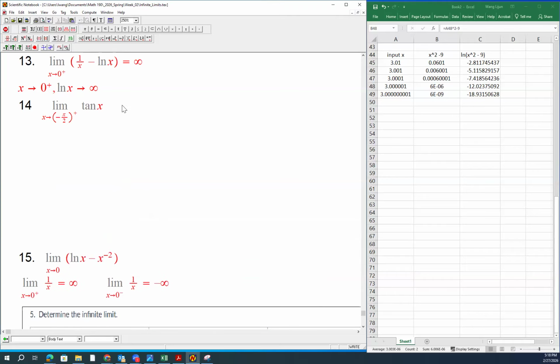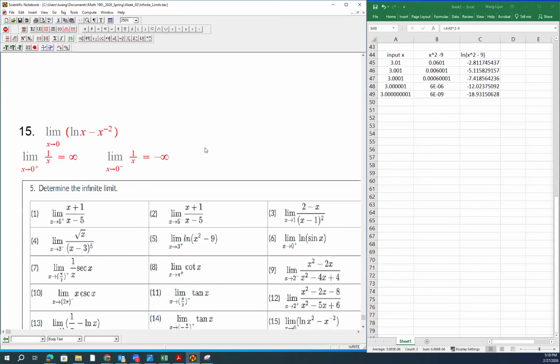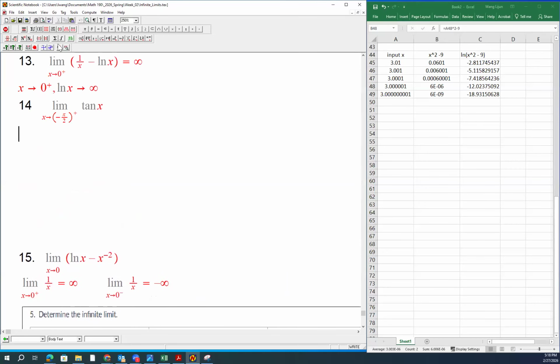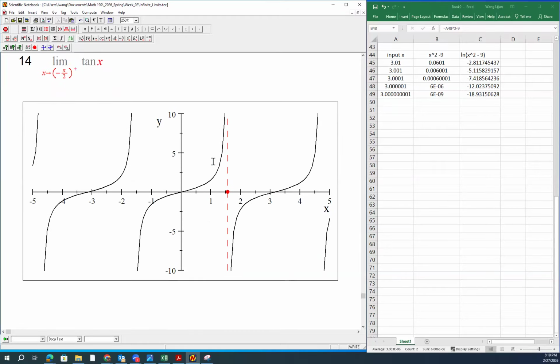Second to last: tangent x. We did work with tangent x, so we just bring this back, but this time, of course, it's at different points. It's negative pi over 2 from larger than.